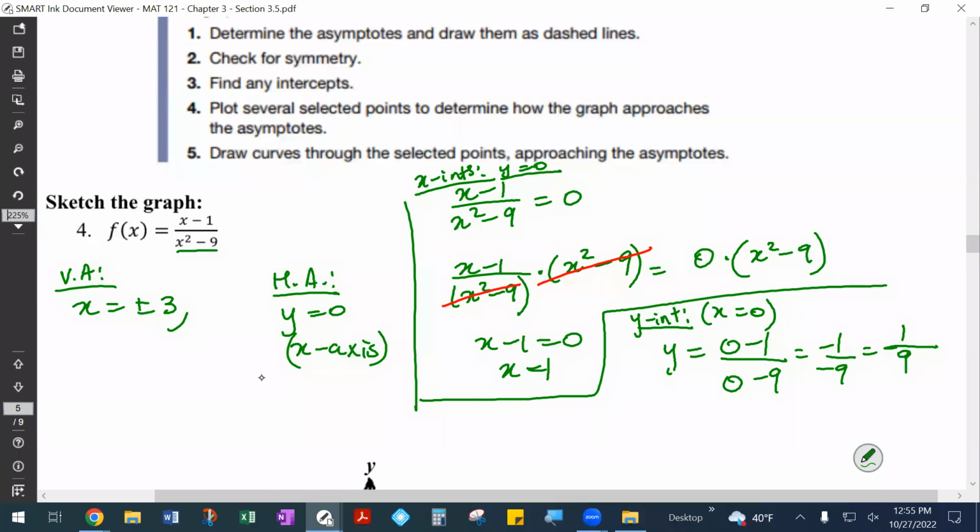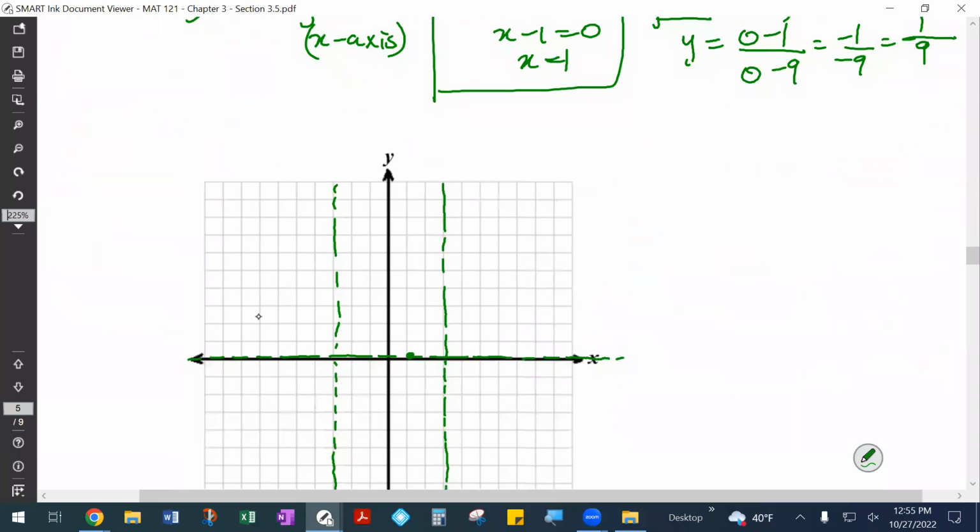Yeah, 0.11111, like a hair away from the x-axis. So that's all you would be able to gather from this.